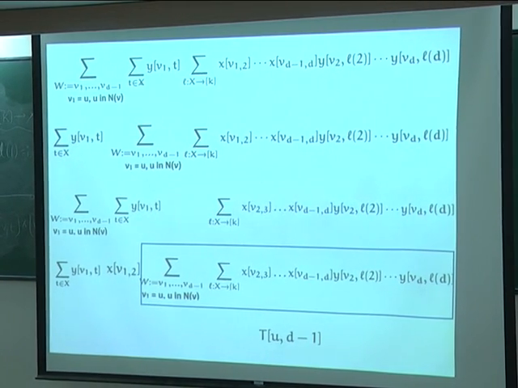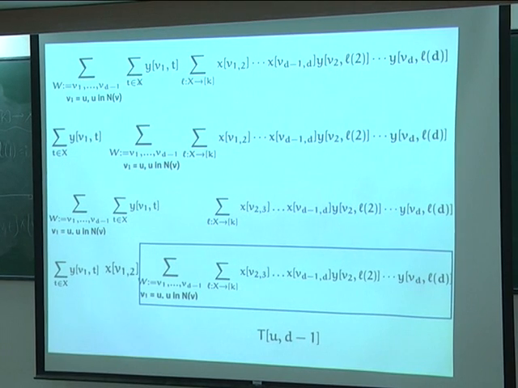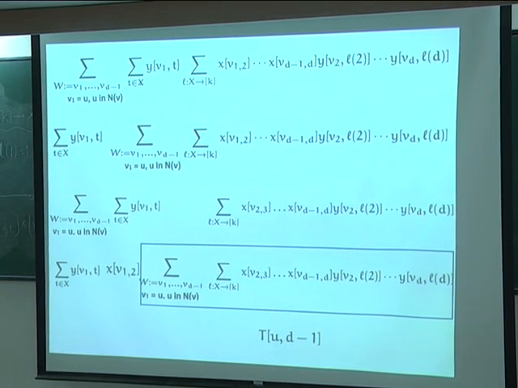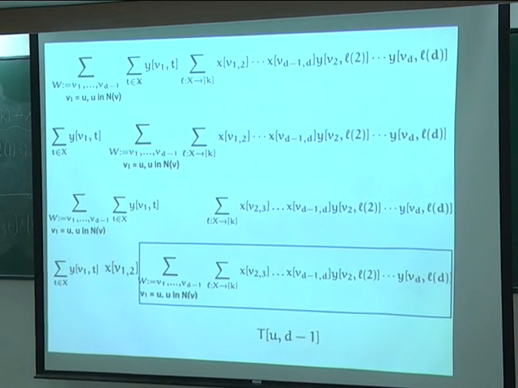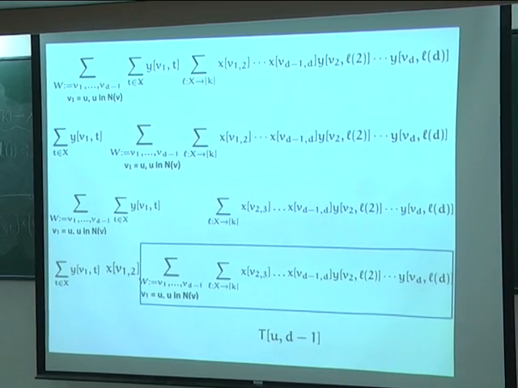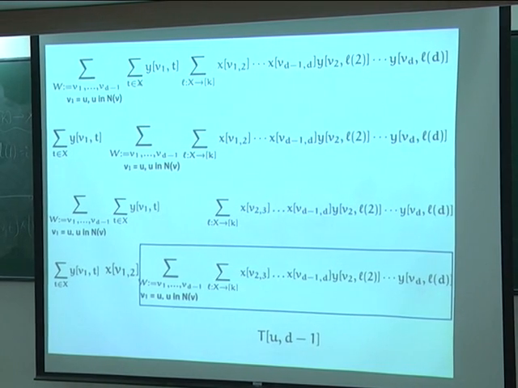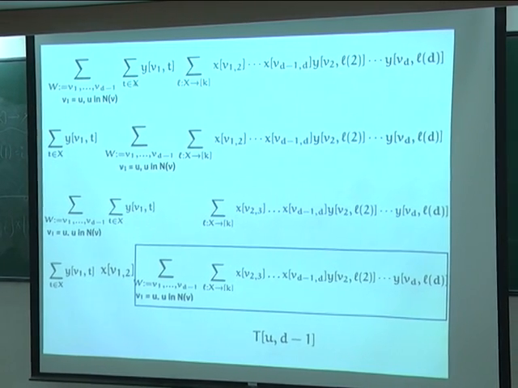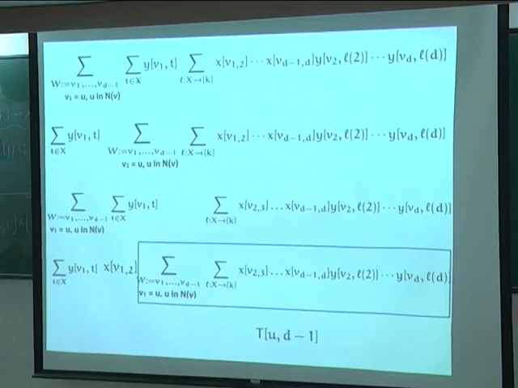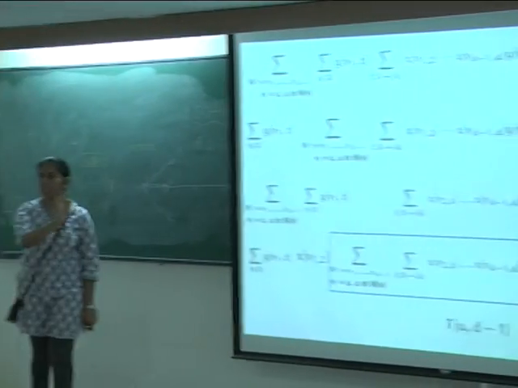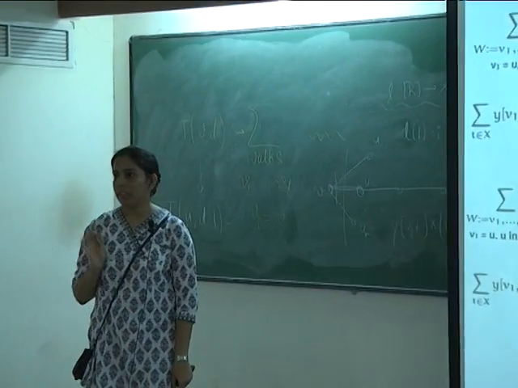But I'm hoping that beyond all the detail, the high level picture is that at the heart of the matter, it's still the Hamiltonian path DP, the really basic DP, which says when you're trying to count walks or paths of length D or length K, you start off by identifying a start vertex and then looking at all the neighbors and appealing to the rest of the DP table for whatever remains.